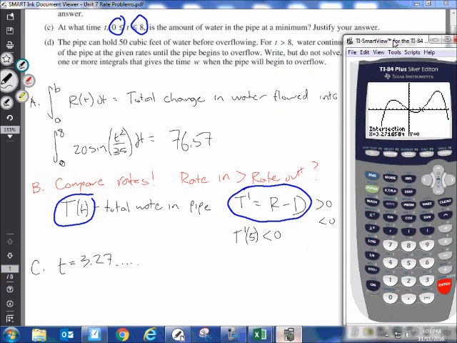Okay? So, again, T prime went from negative at that point to positive until 8. That is telling you that that's got to be the location of the absolute min. That's all they're asking for is the time.